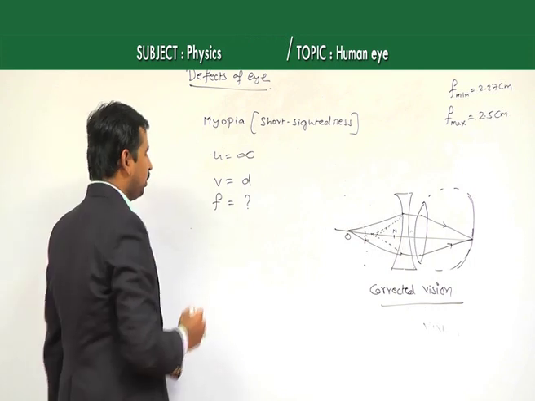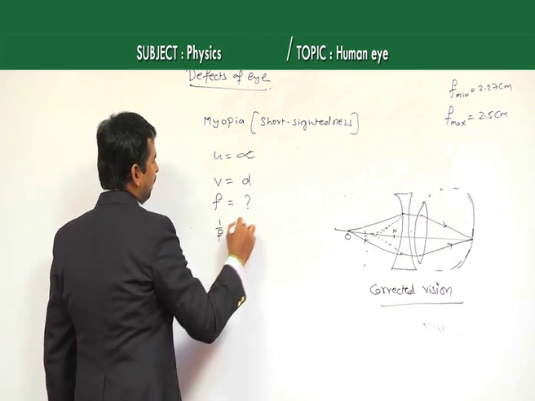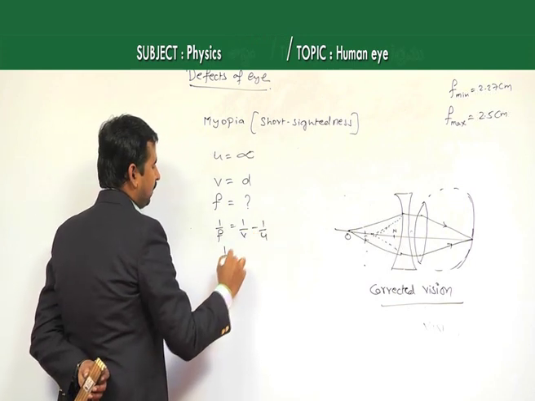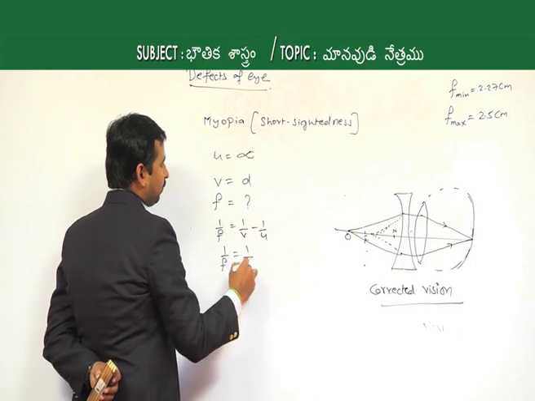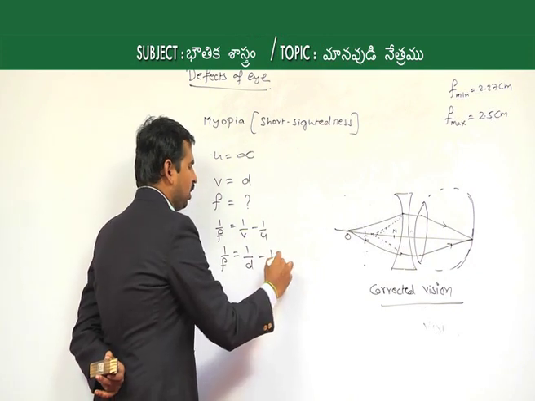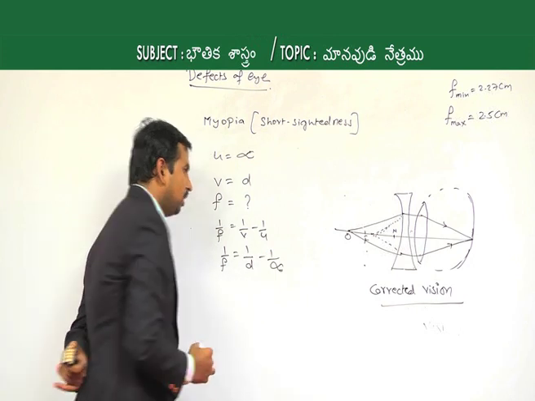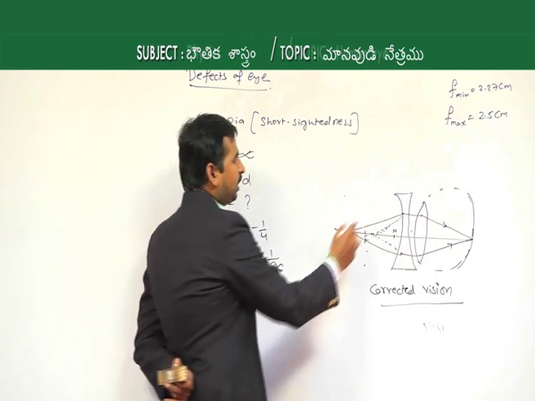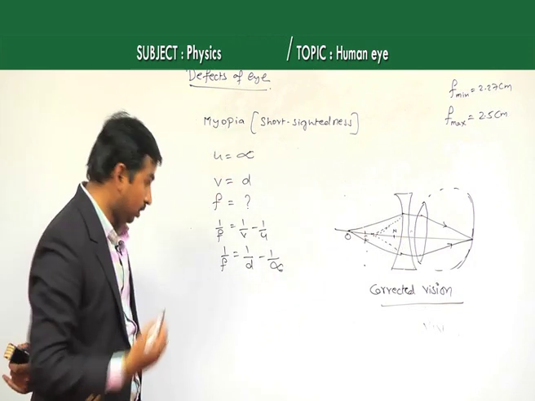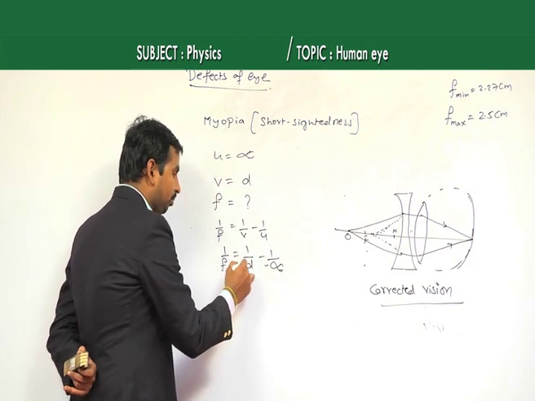Then we know that 1 by f is equal to 1 by v minus 1 by u, of which 1 by f is equal to v, it is of d there, as image distance, minus, we are taking that object distance as infinite. If you see here, the object as well as the image both are forming on the same side only. So, that is why here both will get minus.